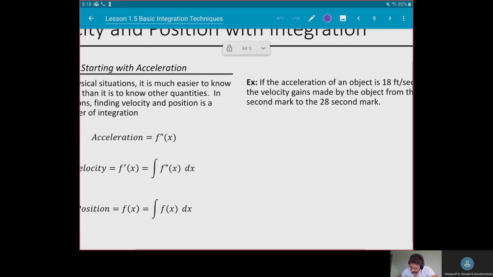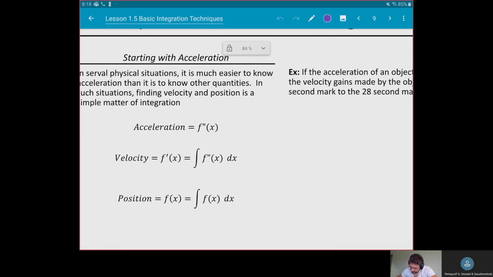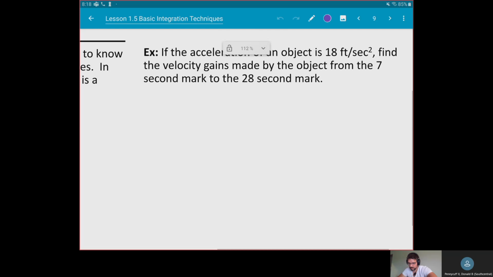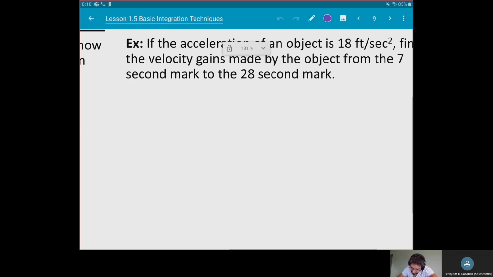Now, later on, we'll go over this a little bit more, but you have the acceleration of an object is 18 feet per second squared. Find the velocity of the object. Now, we did not write that over there, but acceleration is actually dv over dt. That is what acceleration is. It's exactly what it is.